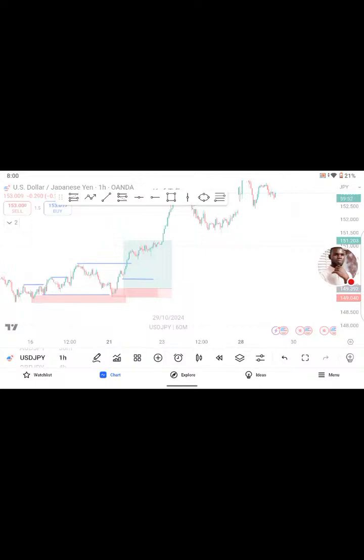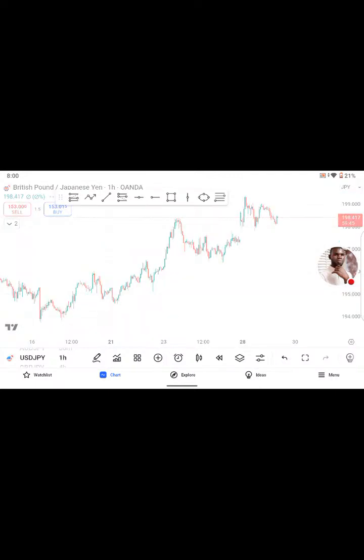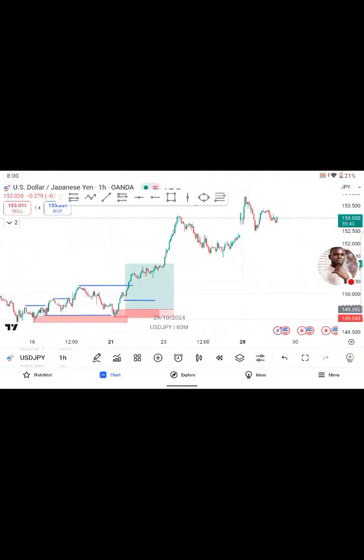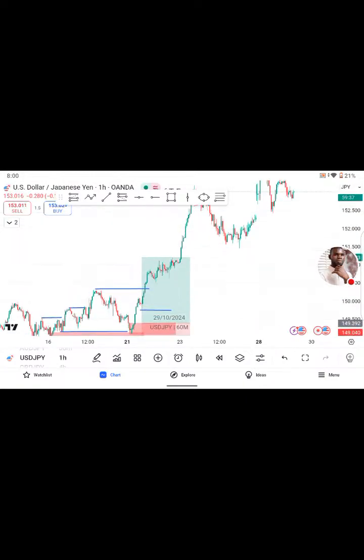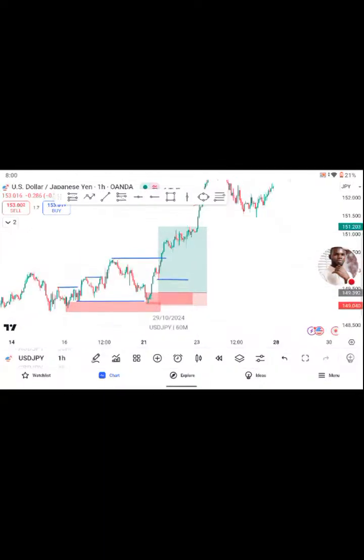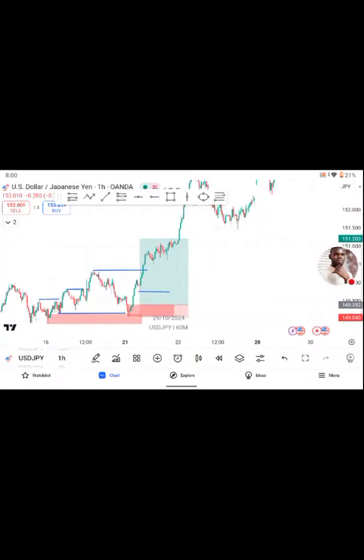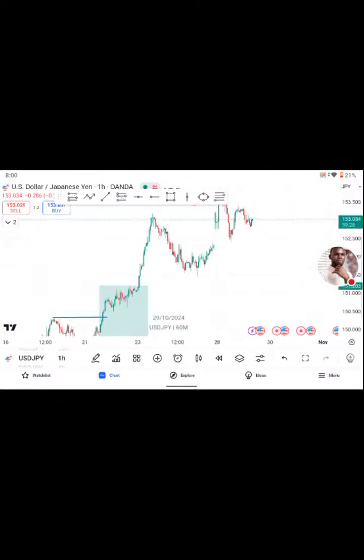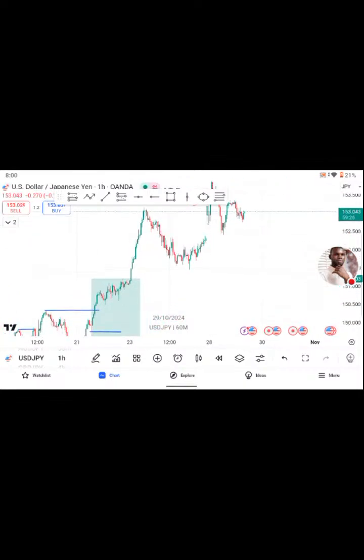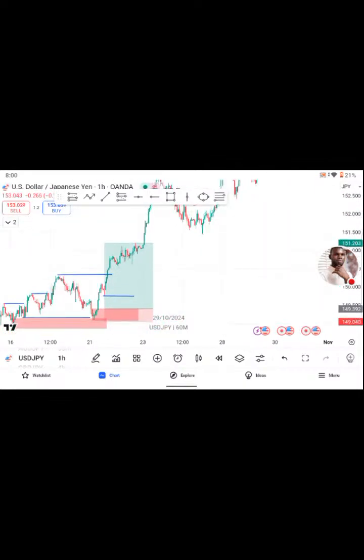For this USD JPY, I had done the analysis some days ago, but price is yet to get to the entry, and price has really moved away from the entry, but it is still valid. I expect that any time price actually gets to that level, it is still going to play out.